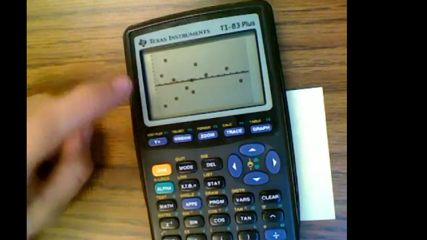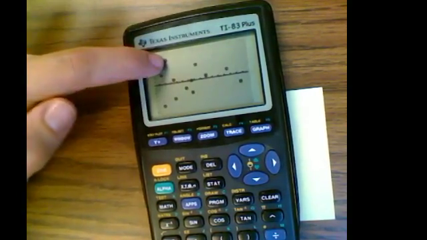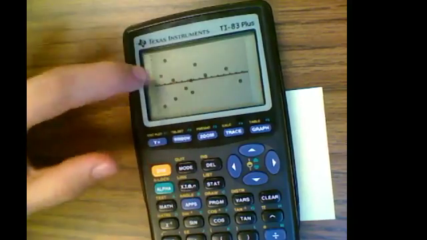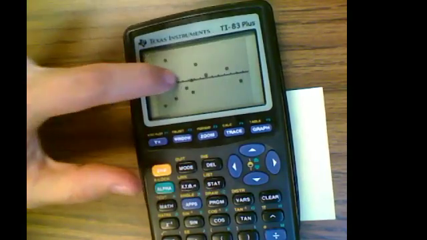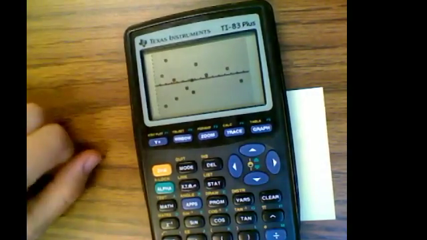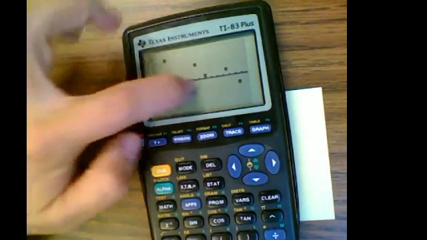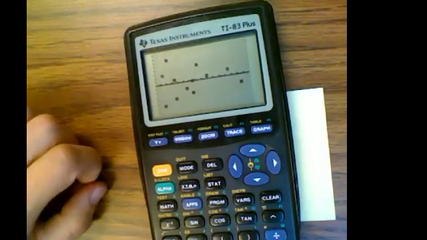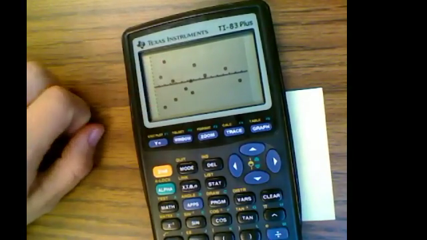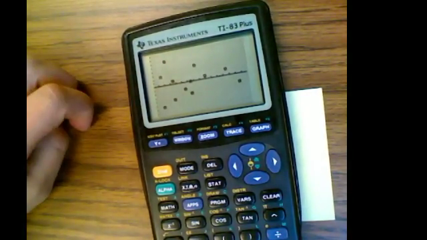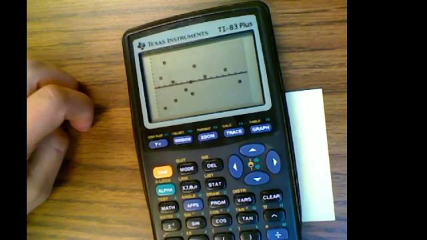The second thing is that we have about the same number of dots above the line as we do below the line, and I'm talking about this residual equaling 0 line right here. We have about the same here as we do here, so with those two criteria, this would be a good model to be using a line. This would be a linear model and it would be appropriate.